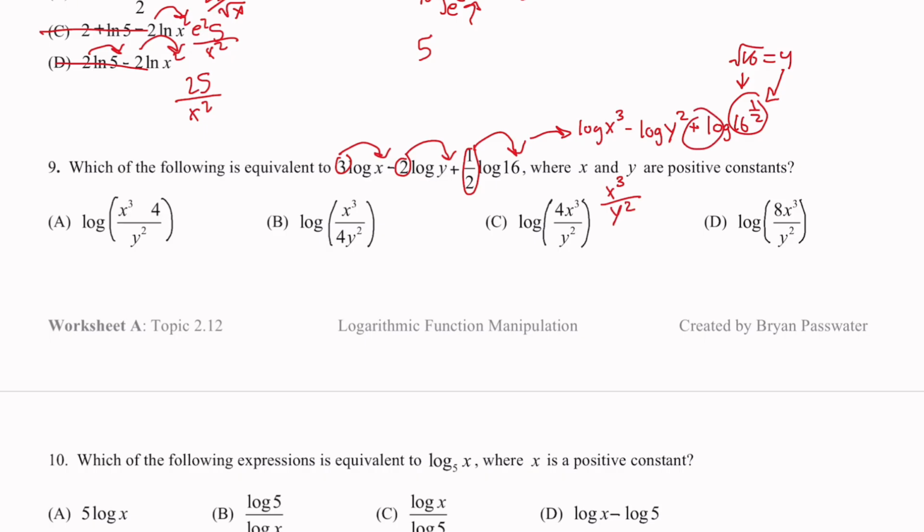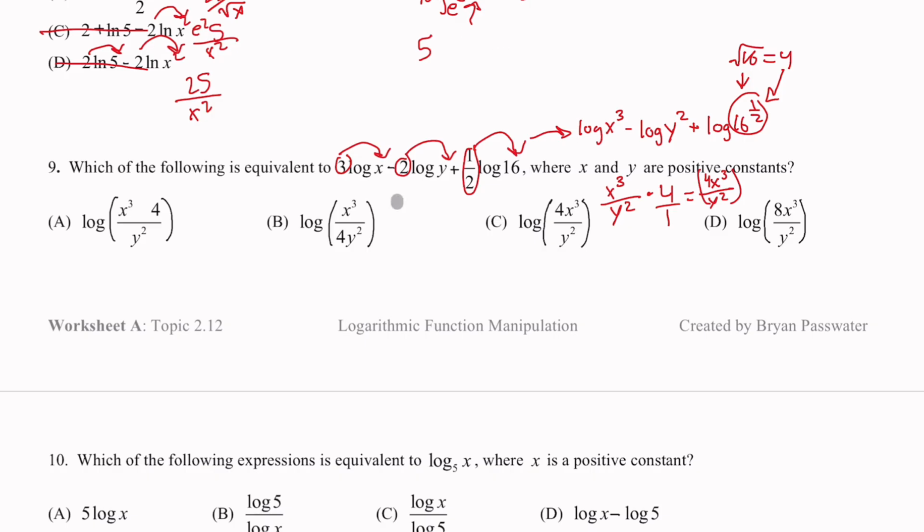And then we have addition here, so that would be multiplied by 4. So that gives us 4 times x to the power of 3 over y squared. So this should be in the parentheses, and then on the outside it's just going to be log, because log stays the same.